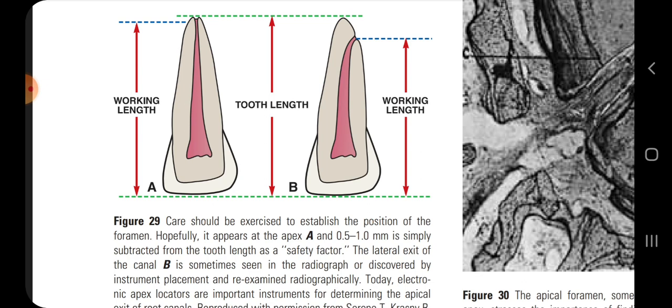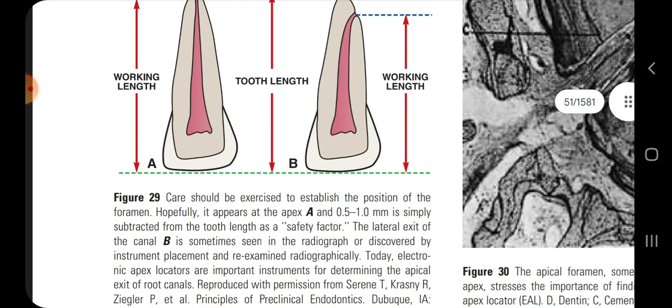See the lateral exit of the canal B. Canal B is sometimes seen in the radiograph or discovered by instrument placement and re-examined radiographically. Today, electronic apex locators are important instruments for determining the apical exit of root canals.